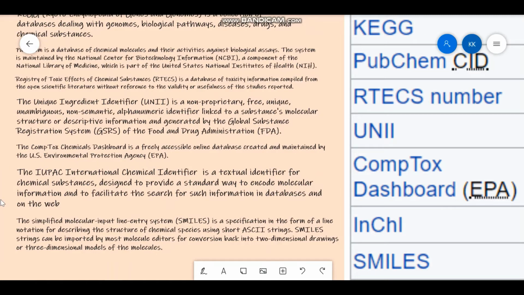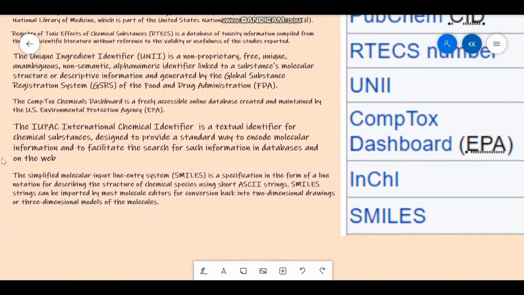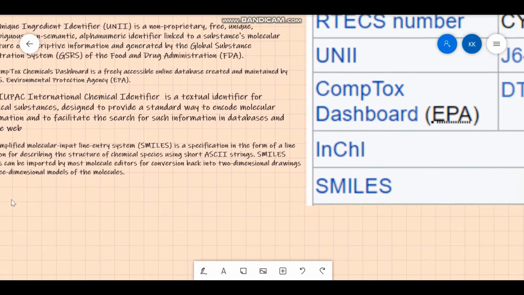Next, we have InChI, which is the IUPAC International Chemical Identifier. It is a textual identifier for chemical substances designed to provide a standard way to encode molecular information and to facilitate the search for such information in databases and on the web. And finally, we have SMILES.